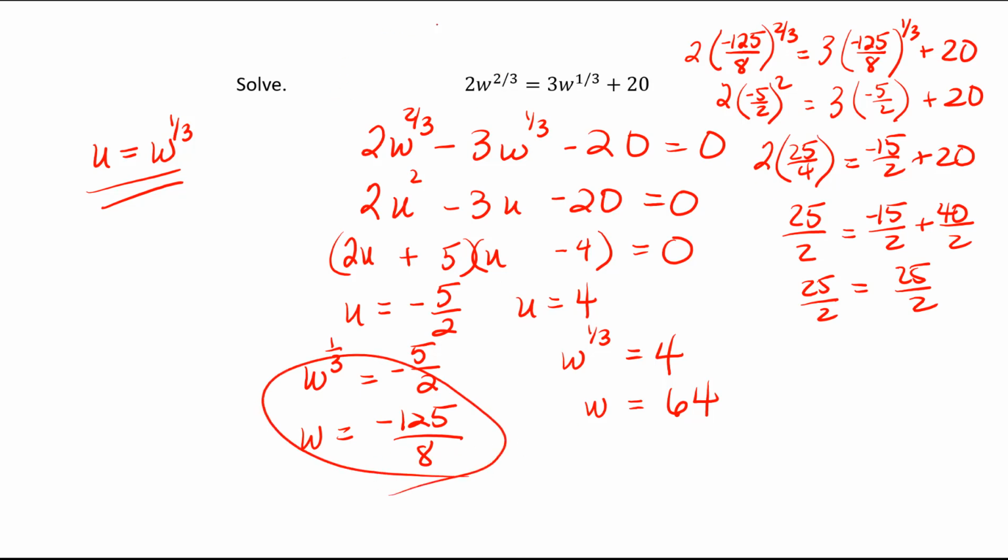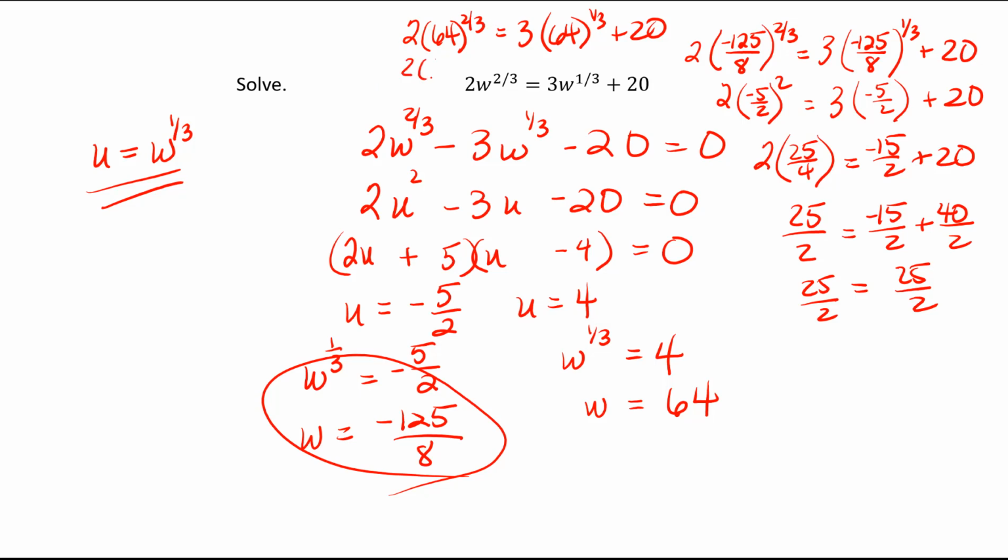Okay, now if I put w equals 64 back into the original equation, I'm going to have 2 times 64 to the 2/3 equals 3 times 64 to the 1/3 plus 20. So that is 2 times, 64 to the 1/3 is 4, squared is 16.